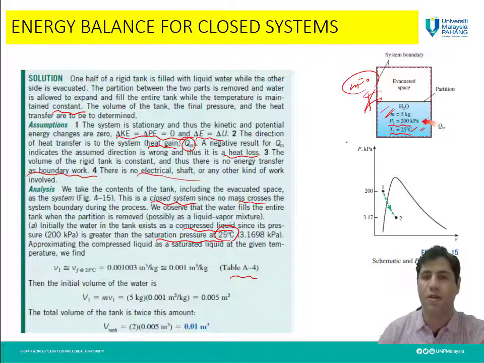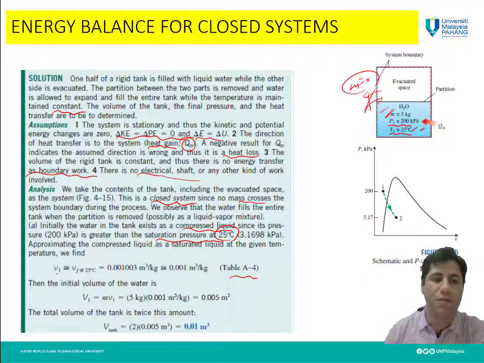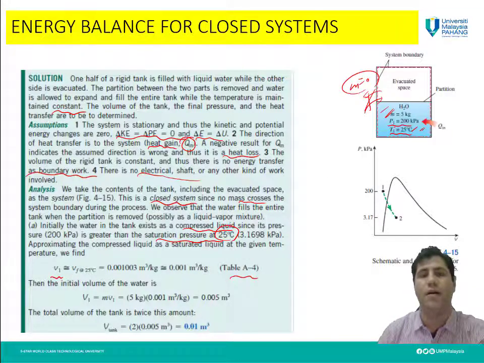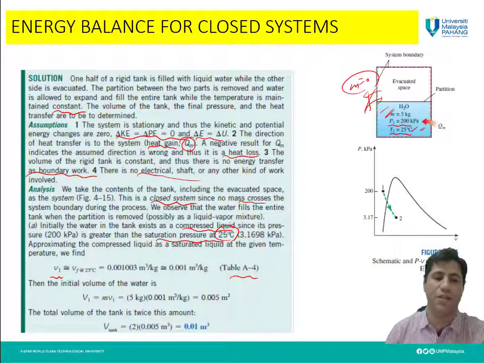In other words, we can find a specific volume for water at its initial state, which is 25 degrees Celsius and 200 kilopascal.